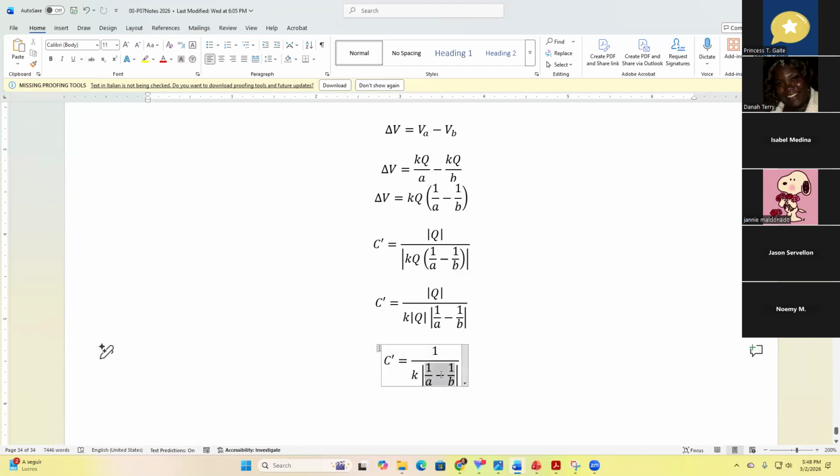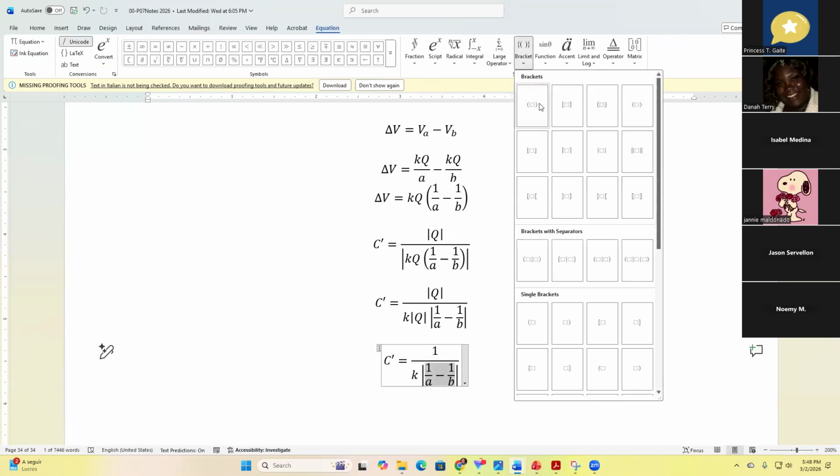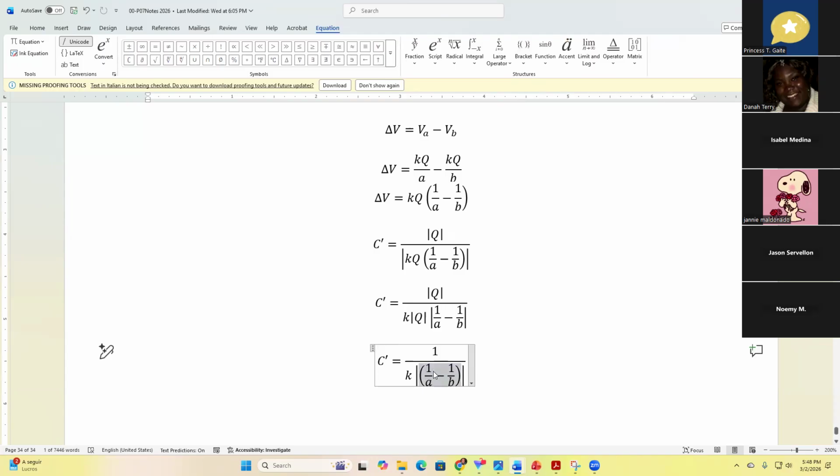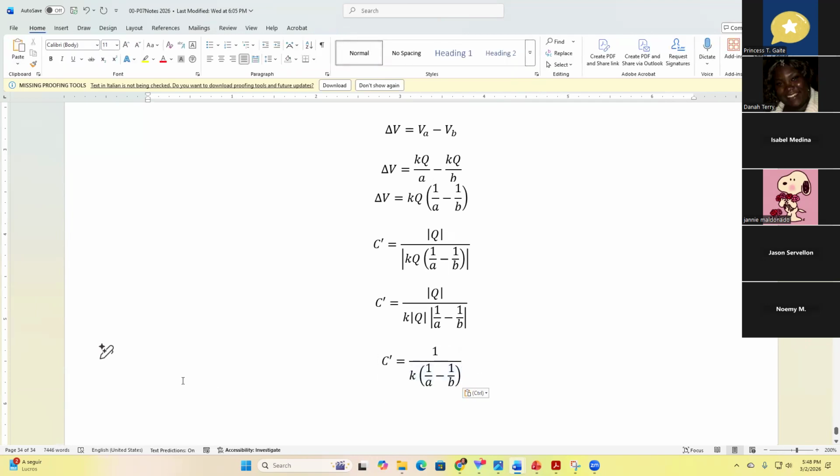So we do not need the magnitude anymore, because you can simplify it further. This value is going to be greater than this one because this guy is less than this guy, right? So you don't need the magnitude anymore.